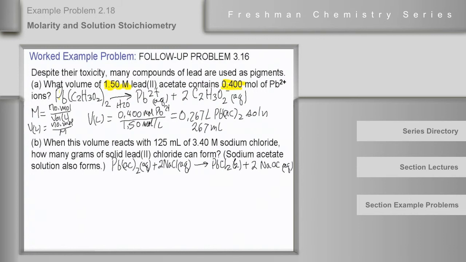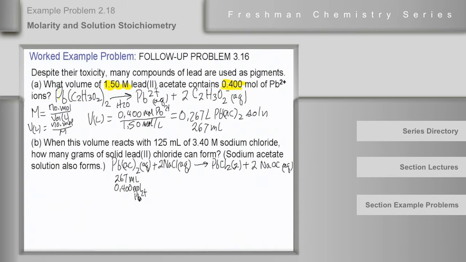So we're referring to the amount of solid that we can produce by taking 267 milliliters, and more importantly, we could save ourselves some trouble if we remember that it's 0.400 mole of lead II plus that's in that 267 milliliters.